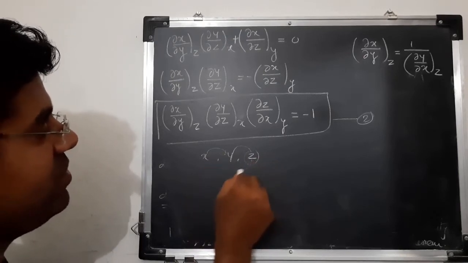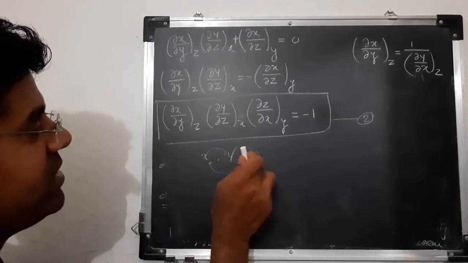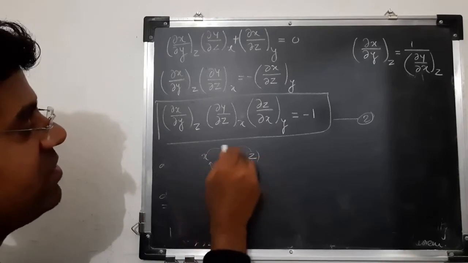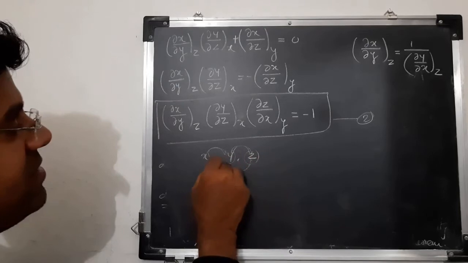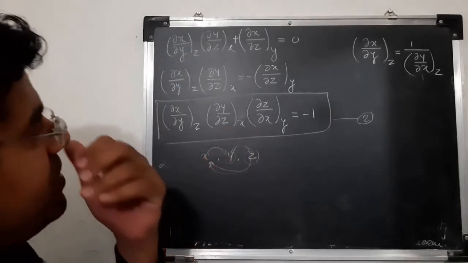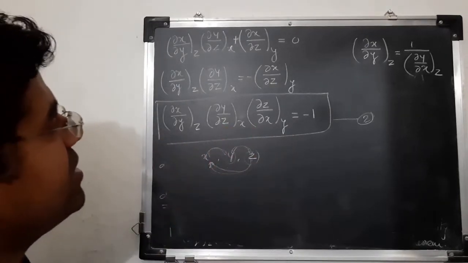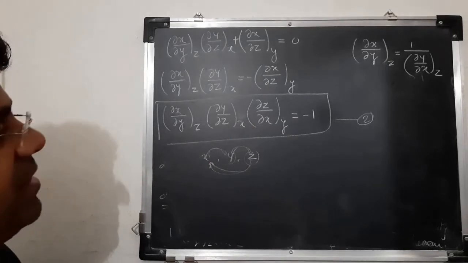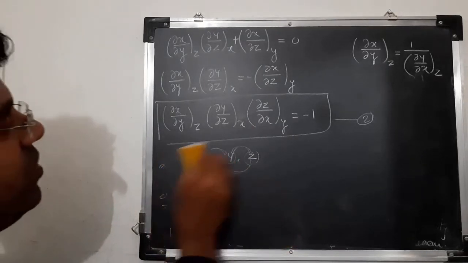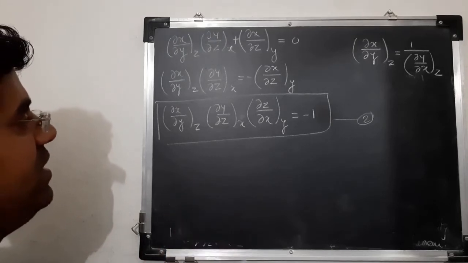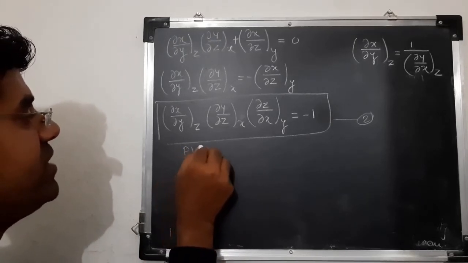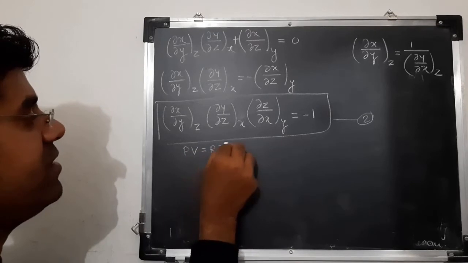Okay, so you can write del bar z by del bar x, y is constant. If you go in this way, you will get it easily; remember the statements of your theorem. So we want to verify these two theorems for an ideal gas. We know PV is equal to RT.